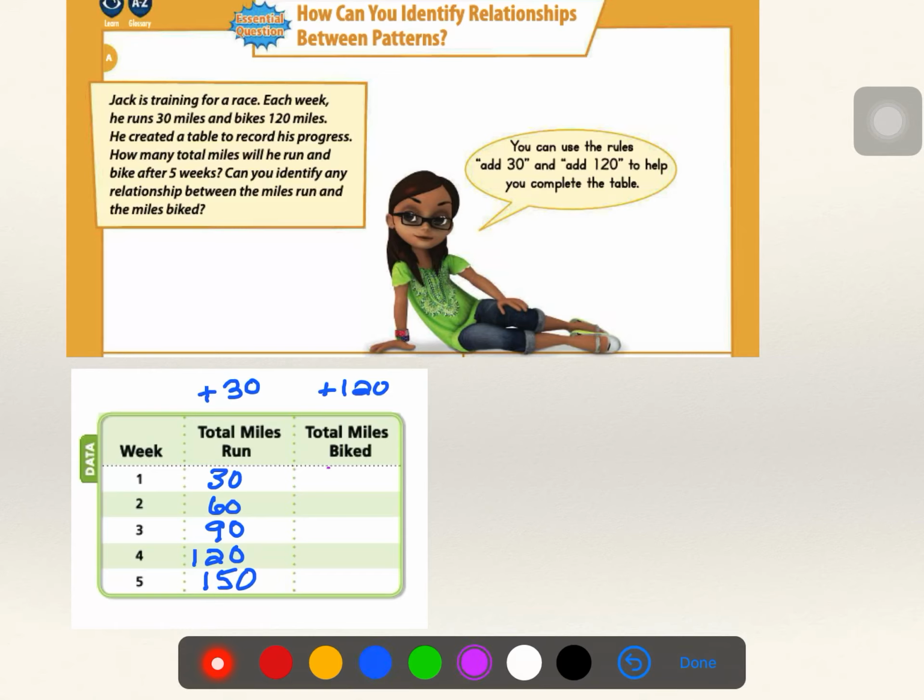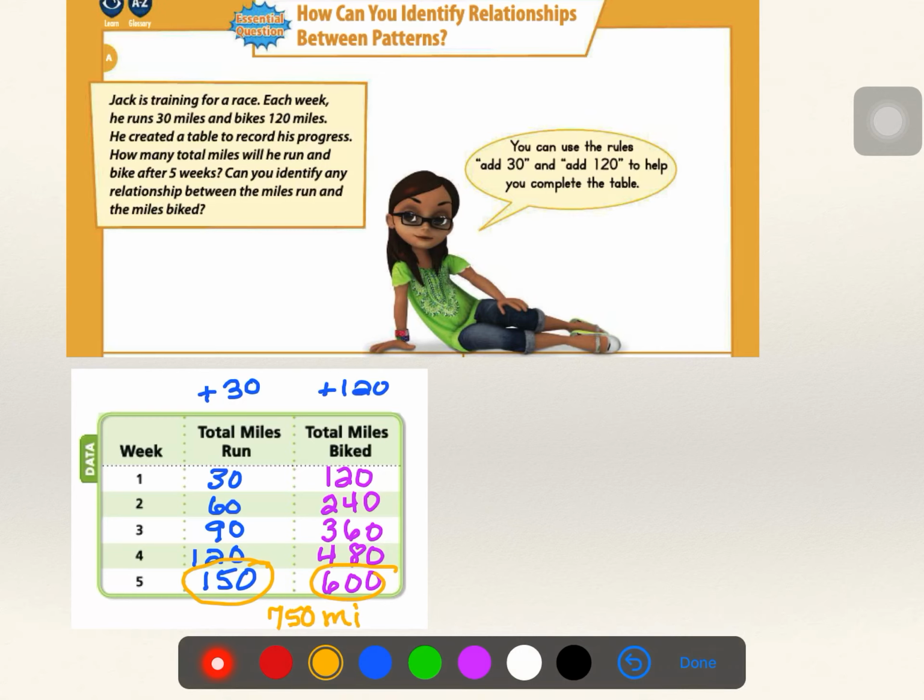The miles biked increases by 120. So every week, I'm simply adding 120. The question did say, how many total miles will he run and bike after 5 weeks? So I would take 150 and 600 and say that he ran and biked 750 miles.